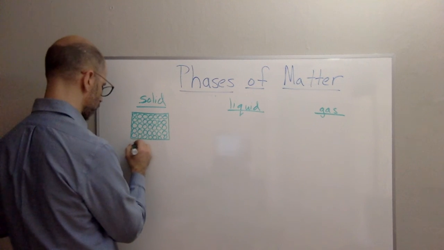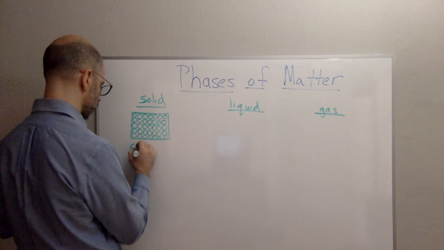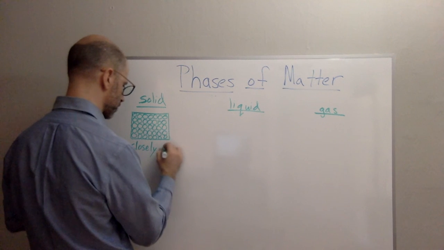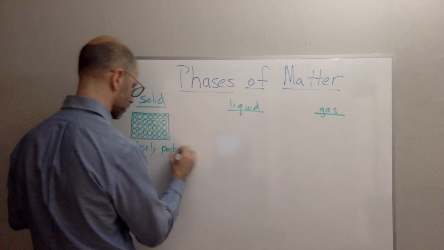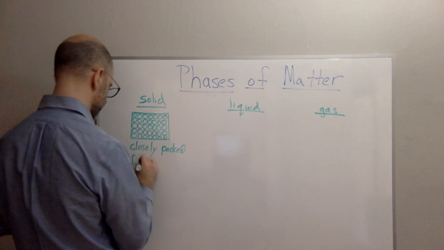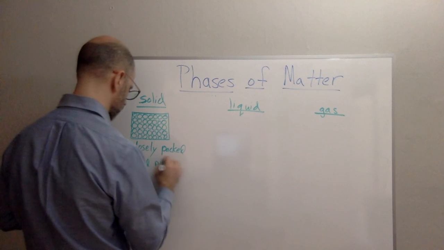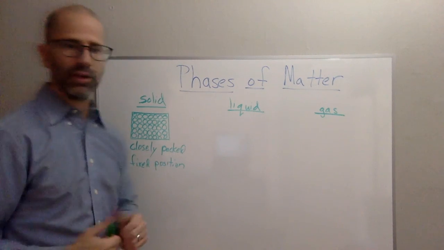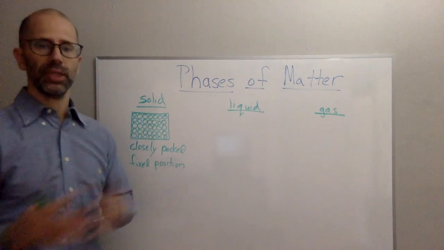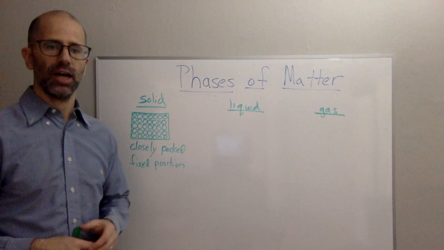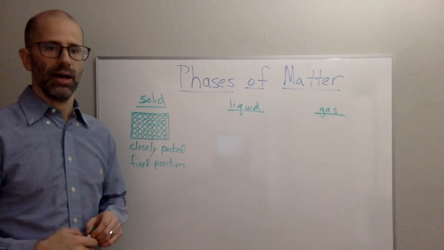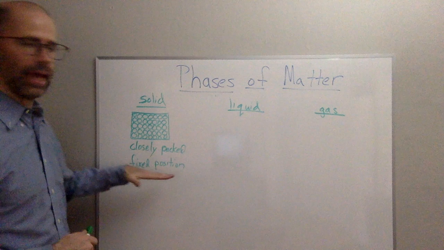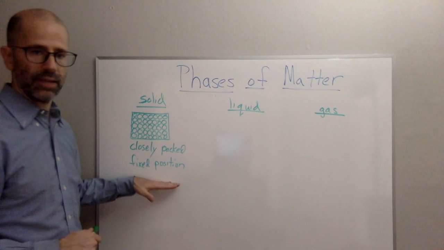So from an atomic point of view, the atoms or molecules are closely packed, and they have fixed positions. The fixed position means that they're not going to move from place to place. They don't have any locomotion, or another word is translational motion. So they're going to stay in the place that they are.